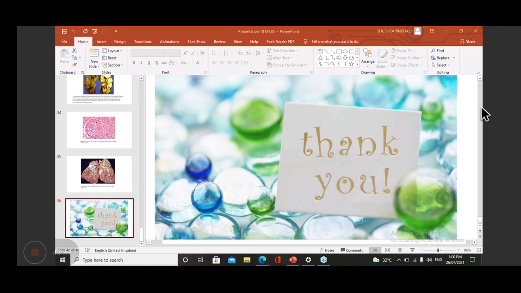Even Hodgkin's can show non-caseating granulomas. Very good. And in cat scratch disease, what's the name of the granulomas that we see? Can anyone tell me? Yeah, naked granuloma. Very good. Yeah, sarcoidosis.